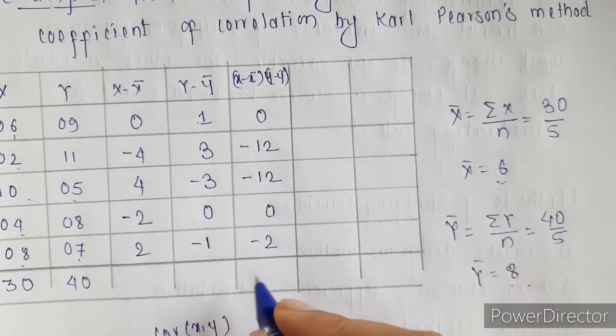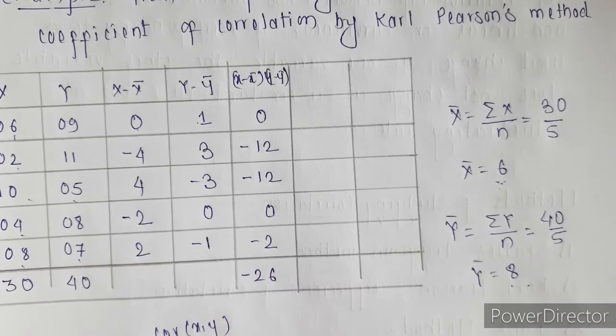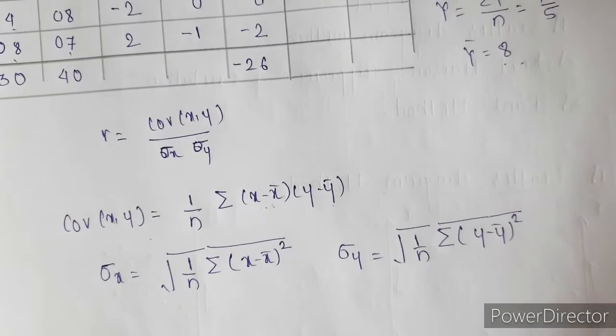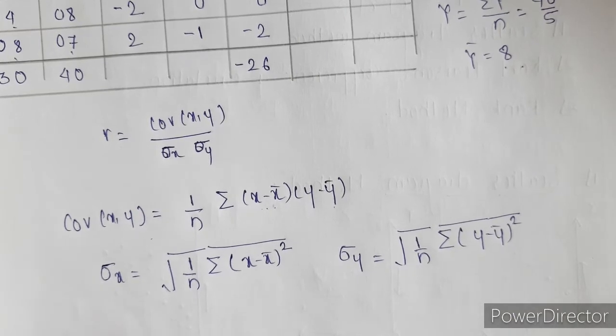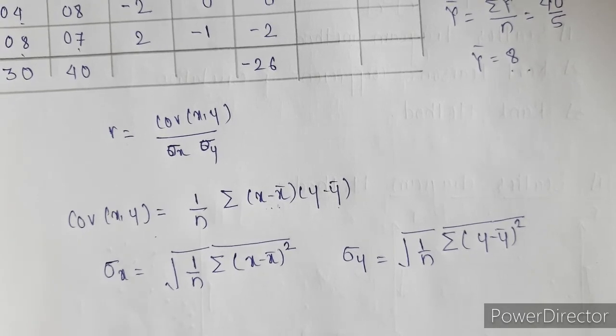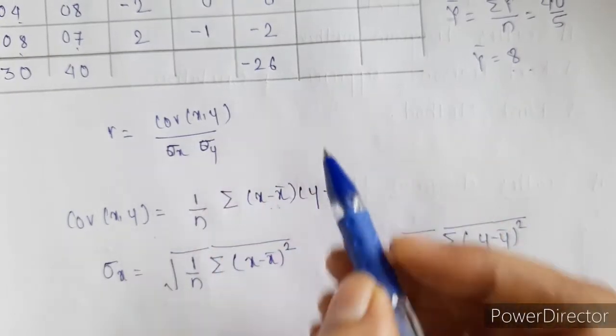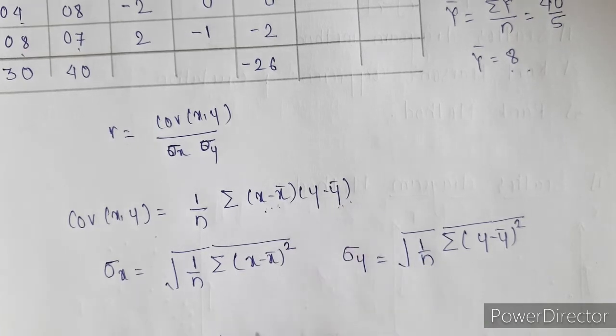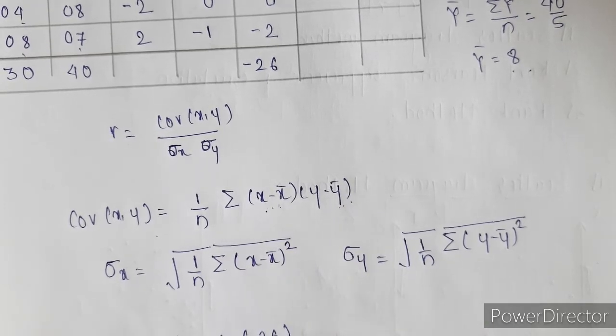After adding these, we get minus 26. If I substitute this back in the formula of covariance, covariance of xy is 1 upon n, where n is 5, there are 5 observations, and the summation of product of deviation is nothing but minus 26.